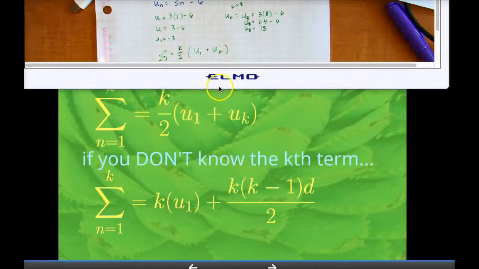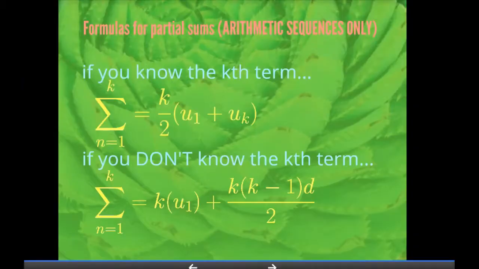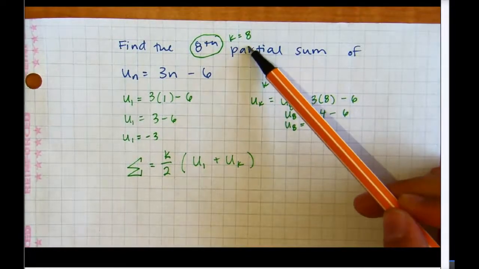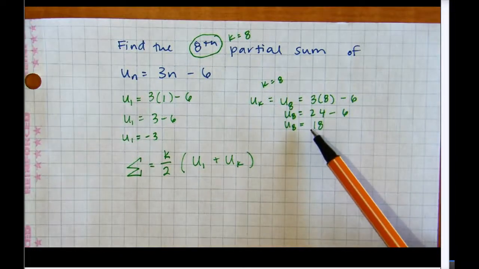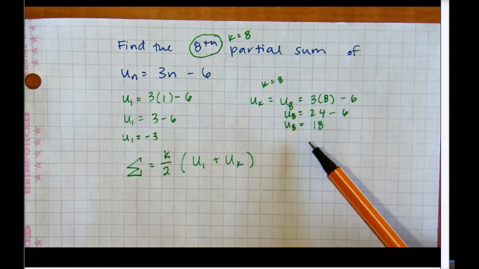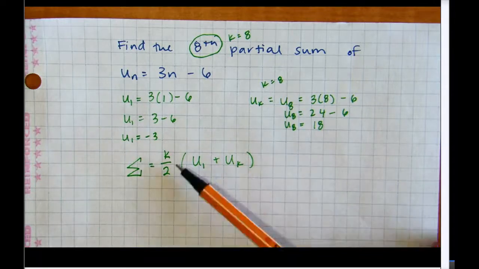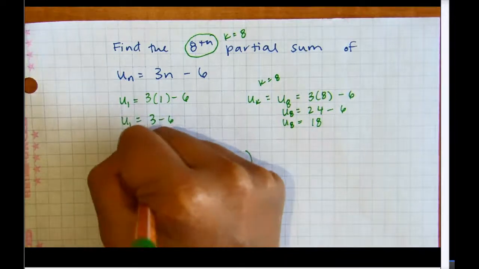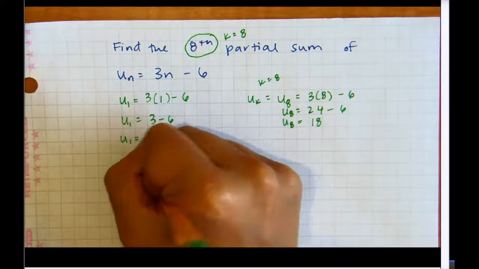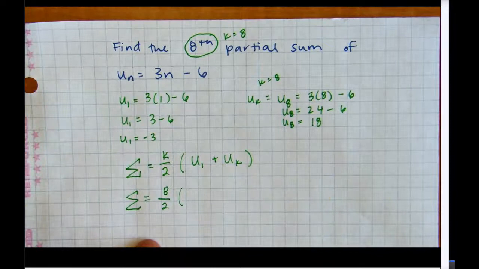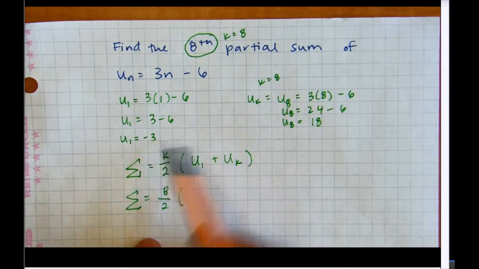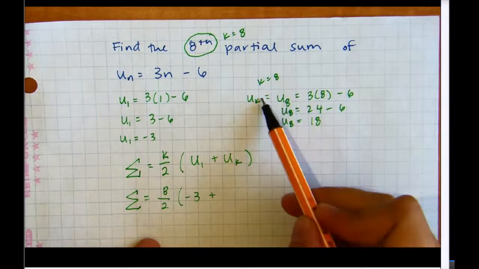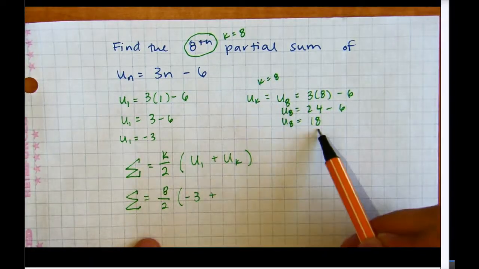And let's go ahead and plug in what we know. I know that k is equal to 8. Notice that 8 and u sub 8 are not the same values. I'm going to substitute in different things for k and u sub k. So my sum is equal to 8 over 2 times my first term, negative 3, plus my kth term, so not 8, but 18.